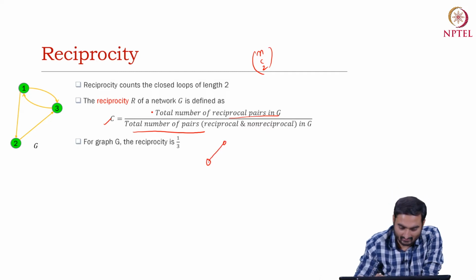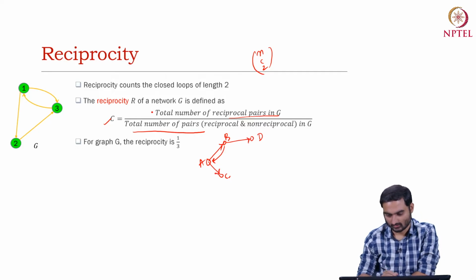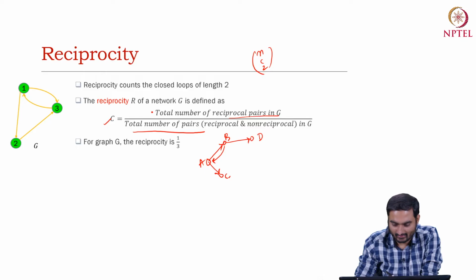So what I am trying to say is that, say A, B, C and D. How many reciprocal and non-reciprocal pairs are there?